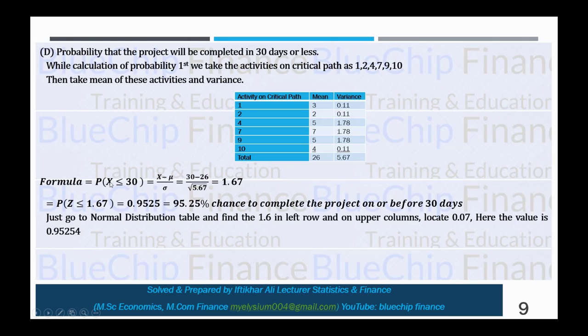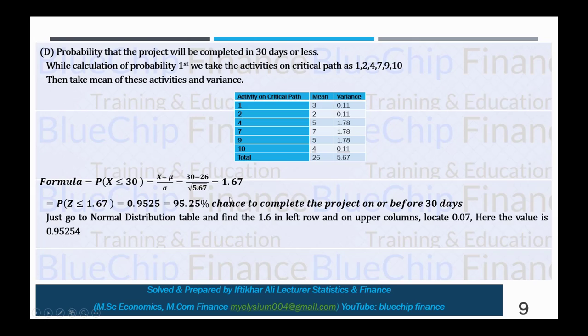So just apply the formula (x minus mu) divided by the standard deviation. Here x is your required days. For example, if you want to assess the probability of completing this project within 30 days, x is 30, mu is your mean, that is 26, and the standard deviation is simply the square root of this variance, 5.67, which gives 1.67.